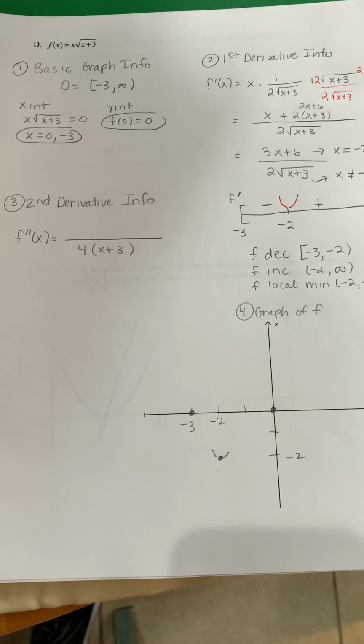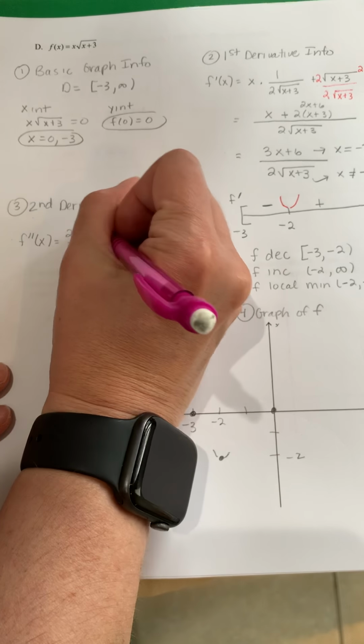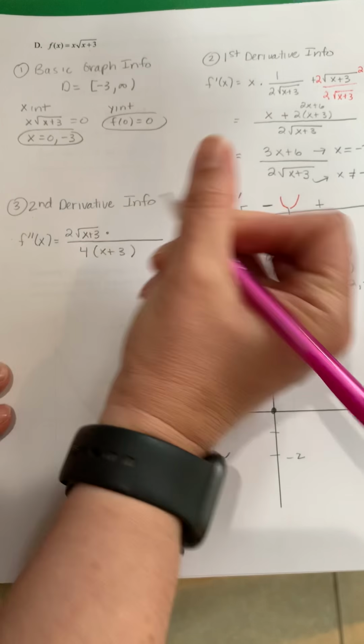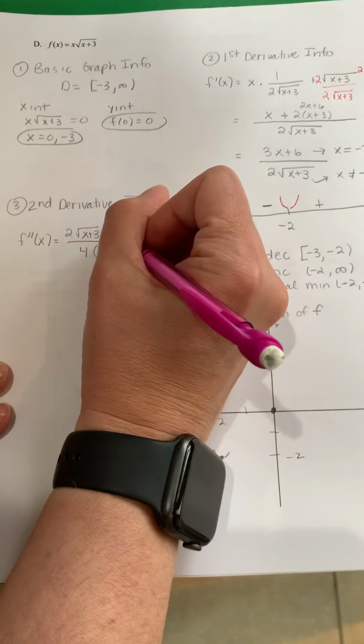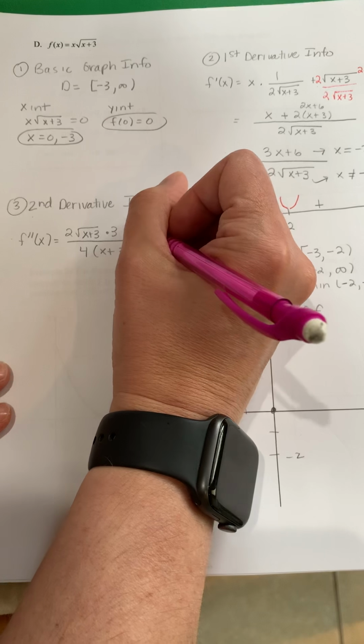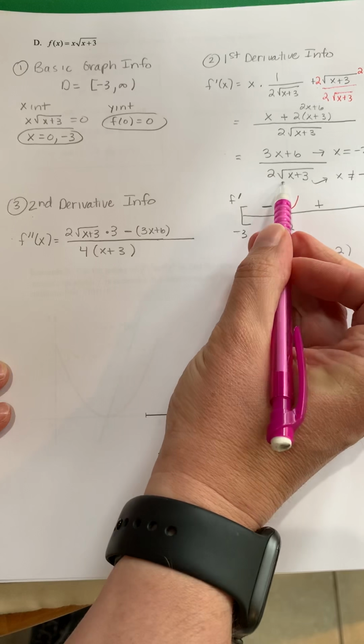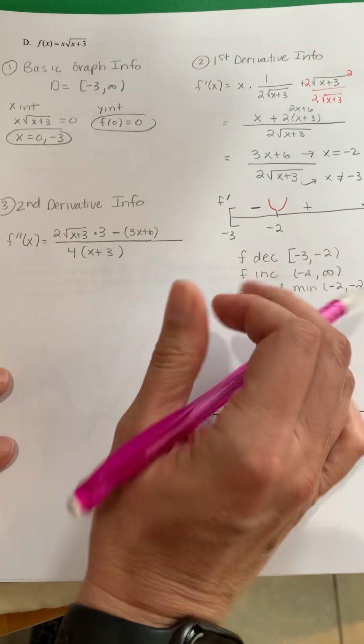The numerator is where we get into some hang-ups. So we write the expression first from the denominator. Okay, and then the derivative of the numerator is 3. Okay, now we write the numerator expression, which is 3x plus 6. Okay, and we want to take the derivative of the denominator.